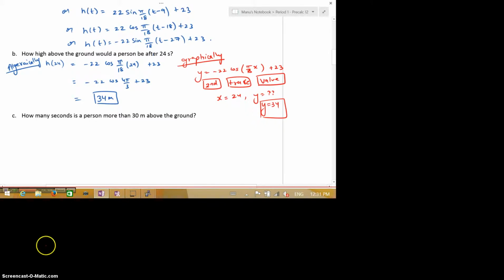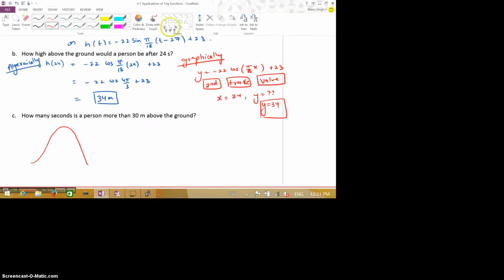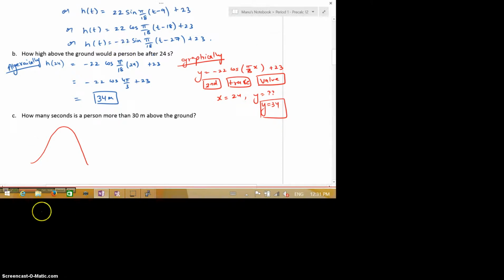If you look at the graph, somewhere along the graph there is a height of 30 meters. We want to figure out that this person went above 30 meters right here. He came back down to 30 meters over here. We want to figure out how long the person was above that height.